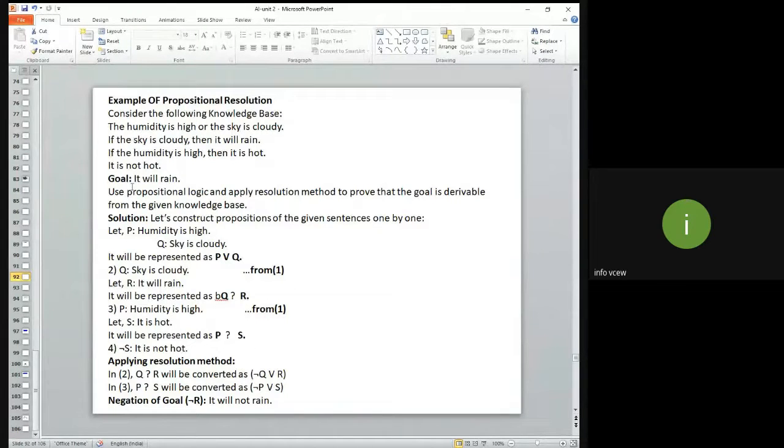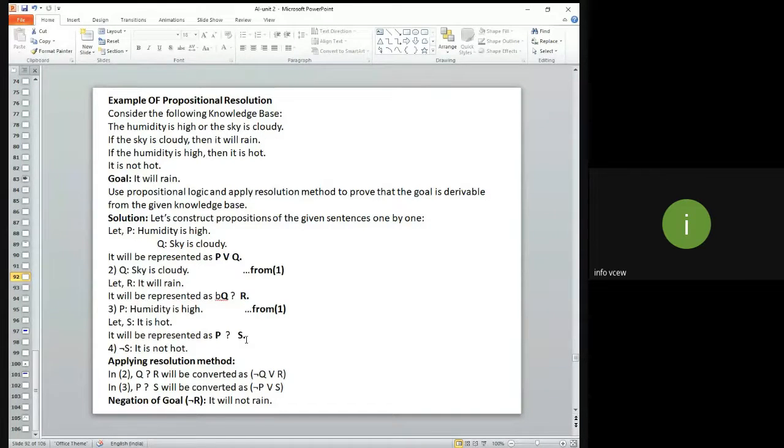Then what is the third statement? If humidity is high, then it is hot. Humidity is high is the statement P. Then hot is the statement S. Then P implies S. Now you want to prove using the resolution method.